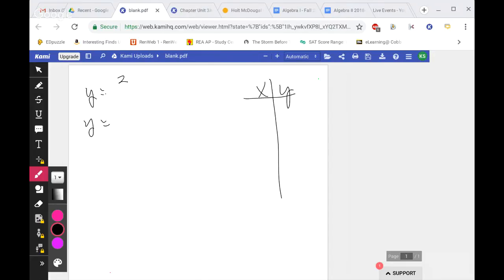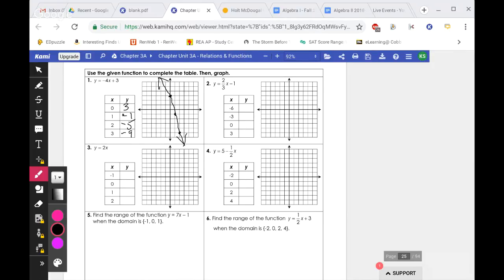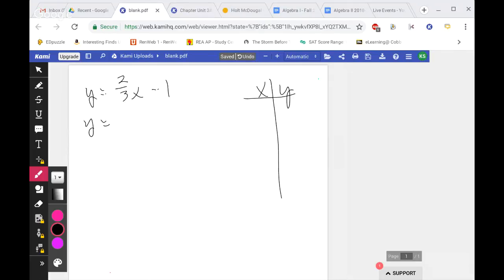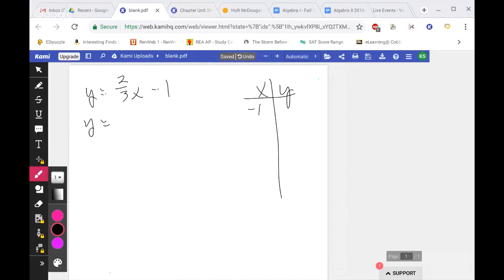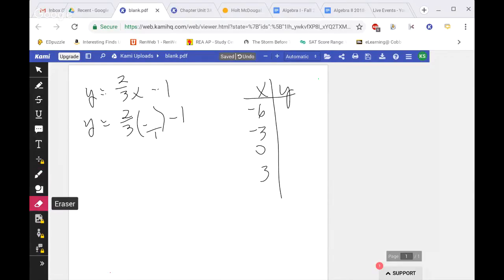So the equation is 2/3 x minus 1. And the values are -6, -3, 0, and 3. So we'll plug in 2/3 times -6 minus 1. This is like -6/1.